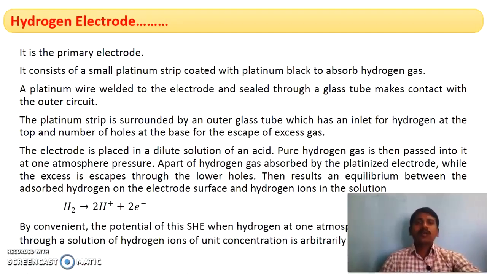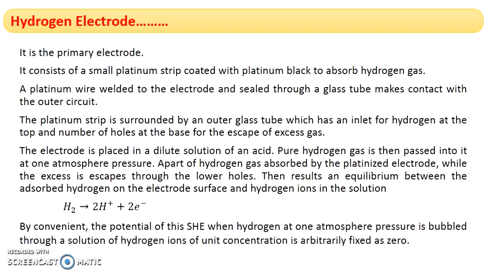Welcome to the session. In this session, I am going to talk about the hydrogen electrode and calomel electrode. The hydrogen electrode can be used as a reference electrode, or it can also be used as an indicator electrode. When used as a reference electrode, it is a primary electrode.